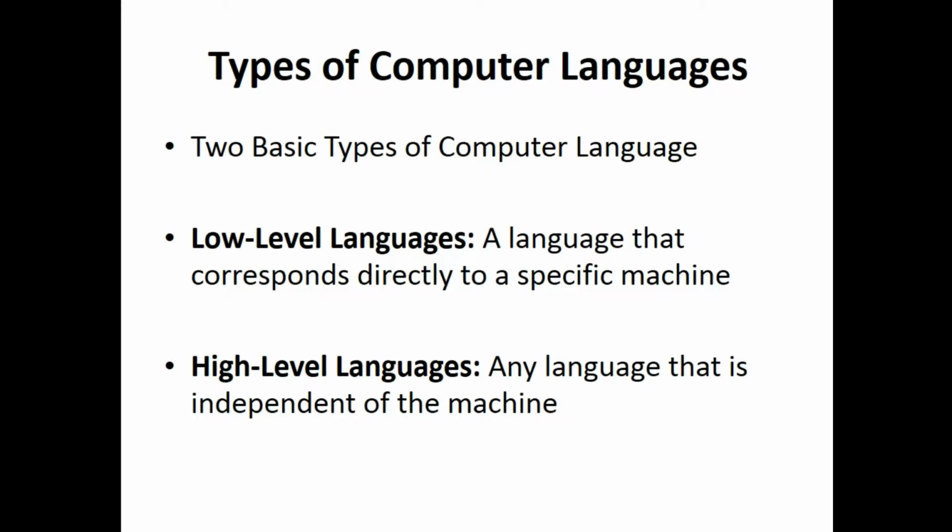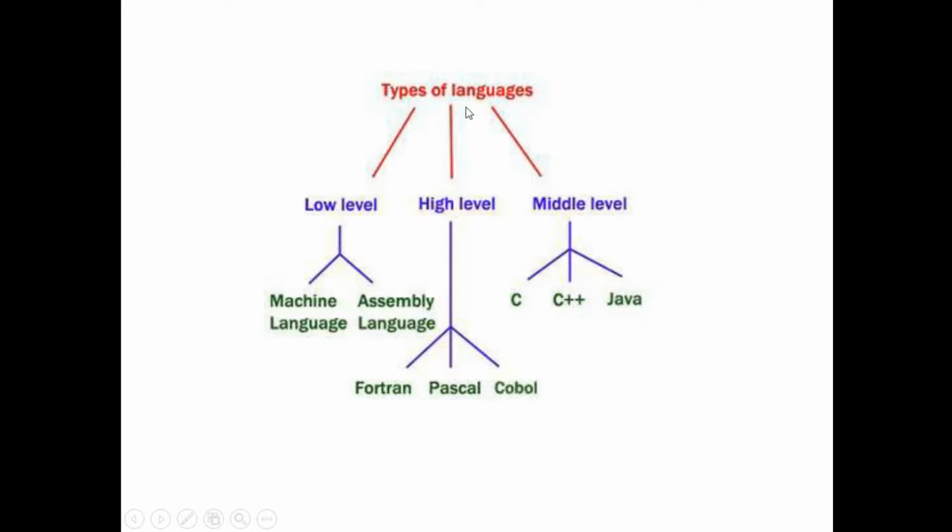So in between we have the intermediate, the translator, which translates the high level language into the language understood by computers. So there are different types of languages: low level language, high level language, and the mid level language.